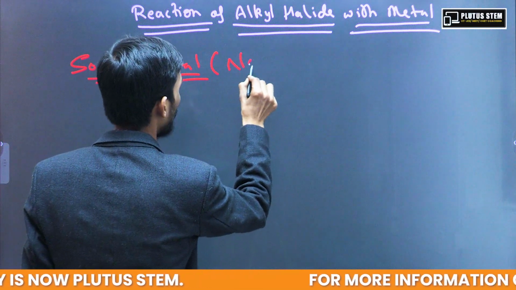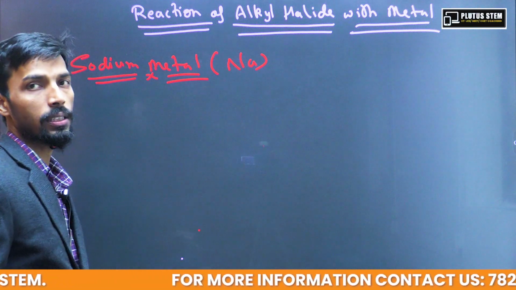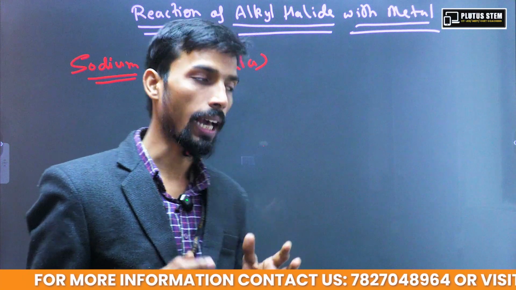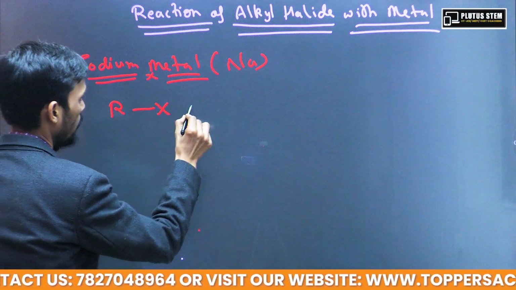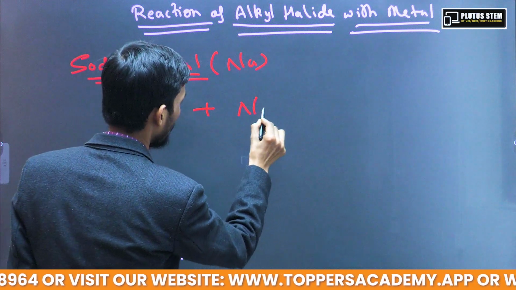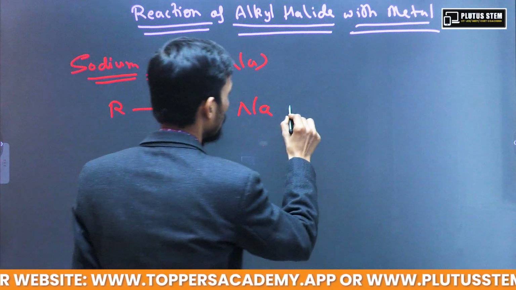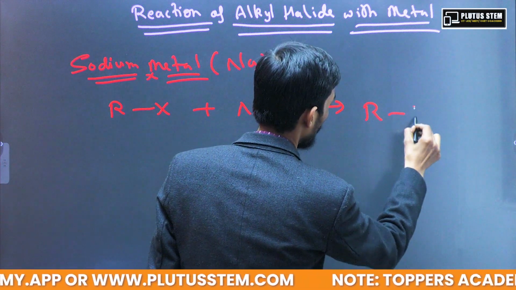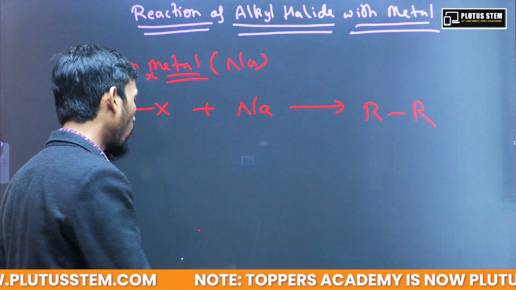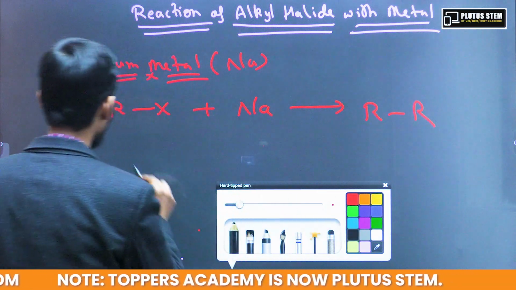If you see over here, what is going to happen in this type of reaction: when alkyl halide, or you can say RX, reacts with the sodium metal Na, it will give R-R. If we are getting 2R, that means this reaction needs to be balanced.